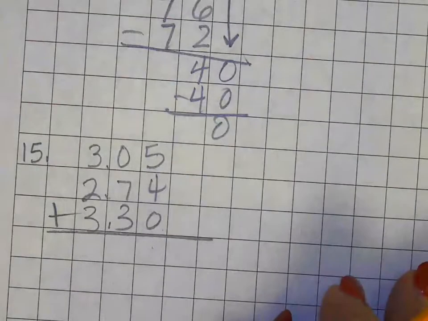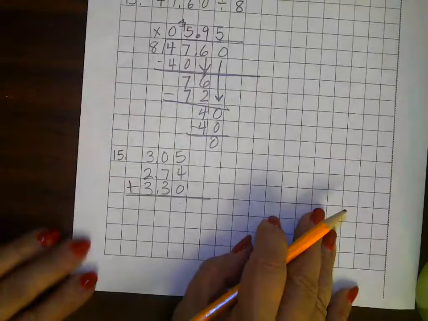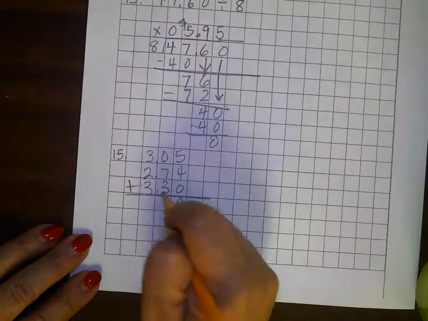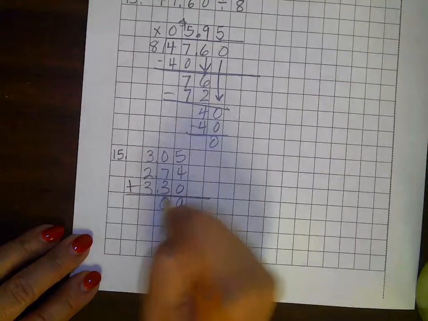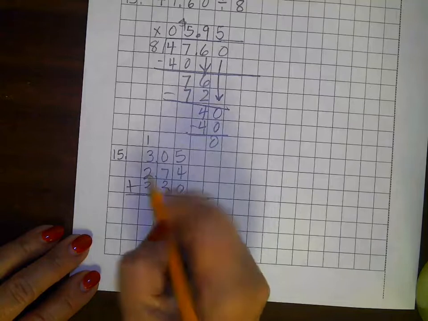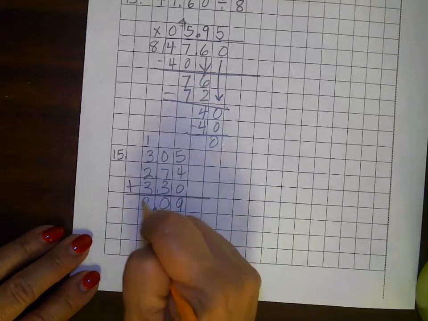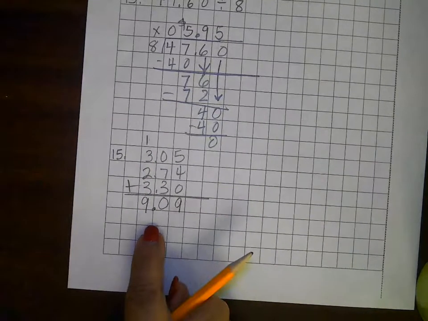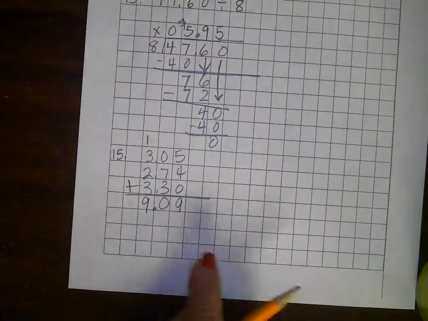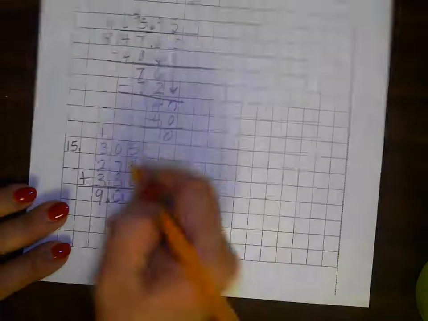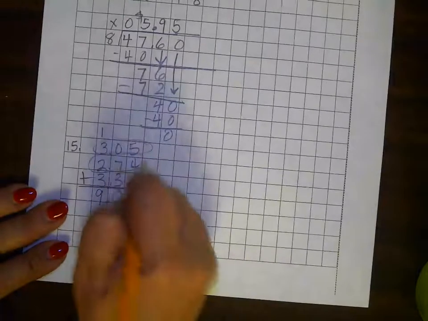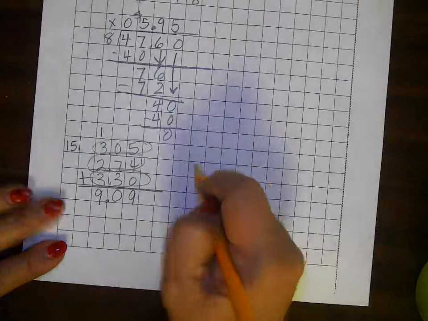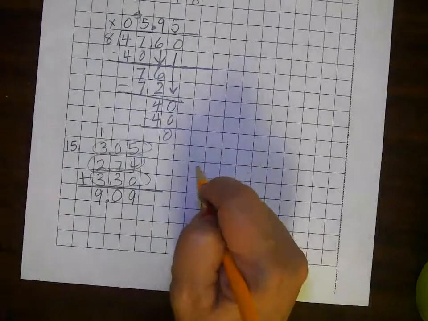Add those up. 5 plus 4 is, oops, I'm so sorry. There we go. That's where I'm at. 5 plus 4 is 9. 3 plus 7 equals 10. 6, 7, 8, 9. Okay. So the total is 9 9/100ths. I added up 1, 2, 3 numbers, so that's going to be my divisor.